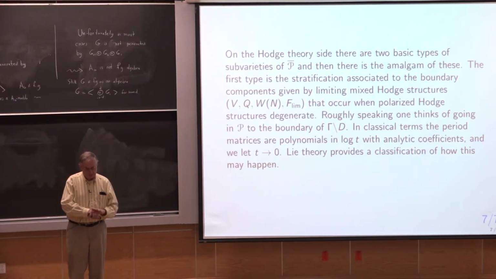So that gives you these subvarieties running through the space of Hodge structures, and those, if you think in terms of algebraic surfaces, would correspond to algebraic surfaces that have additional geometric structure in them.